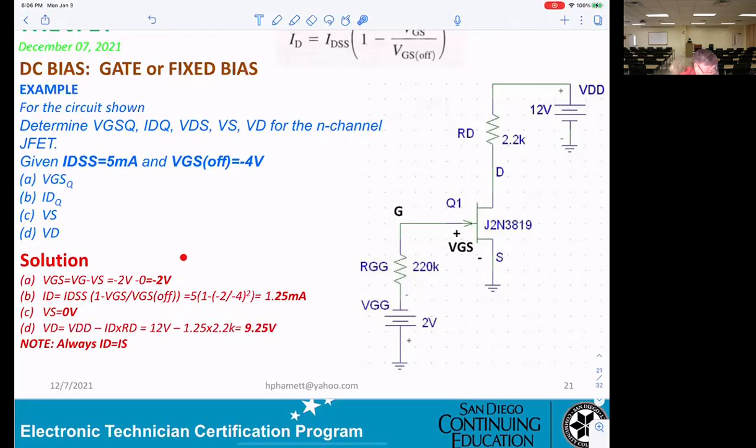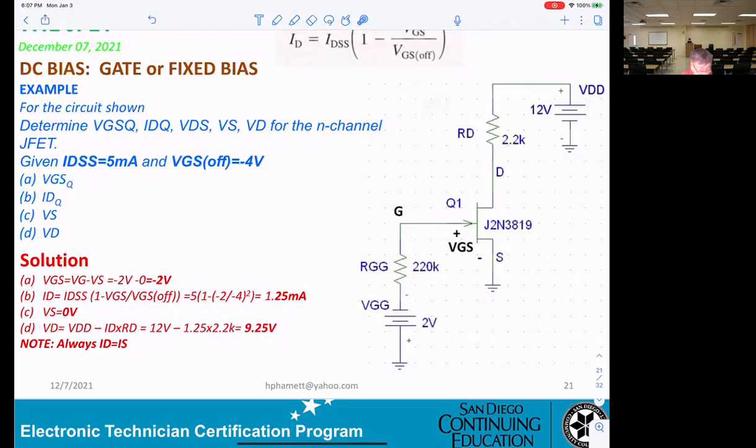And if you want to calculate ID, you have to use the formula we already gave you: IDSS times (1 minus VGS over VGS off) squared. And you get that answer here.